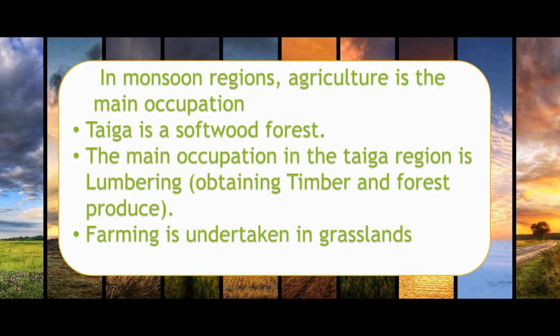Taiga is a softwood forest. Therefore, lumbering is the main occupation there. Lumbering basically means obtaining timber from the trees. In the tundra regions, the main occupation is hunting and fishing. Farming is undertaken in grasslands these days.